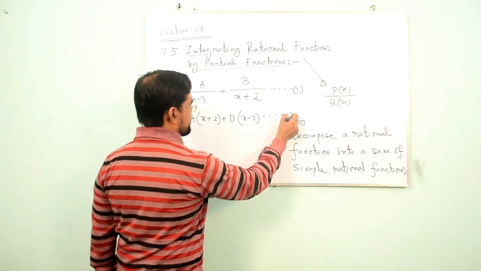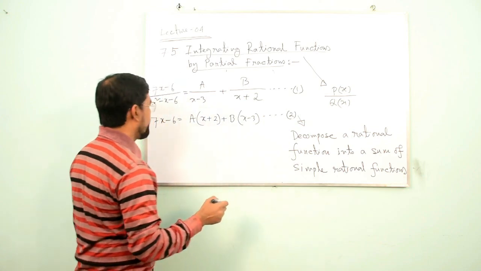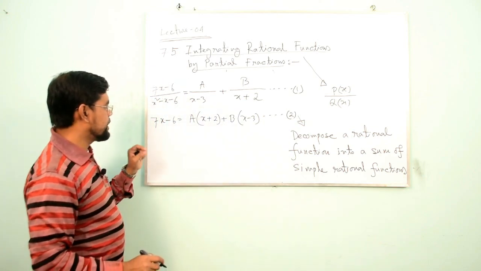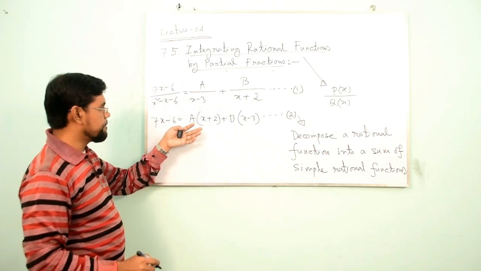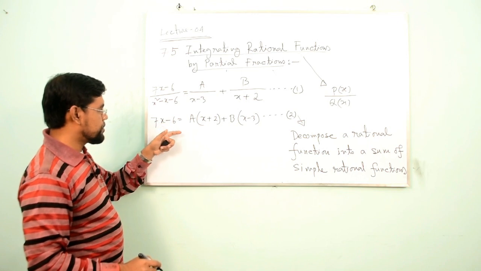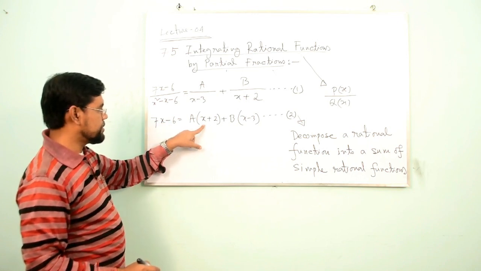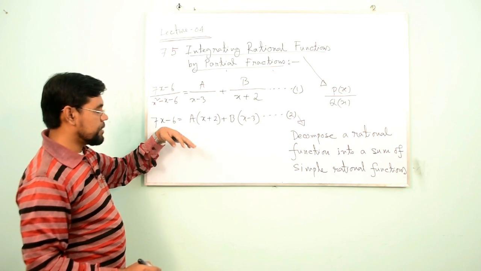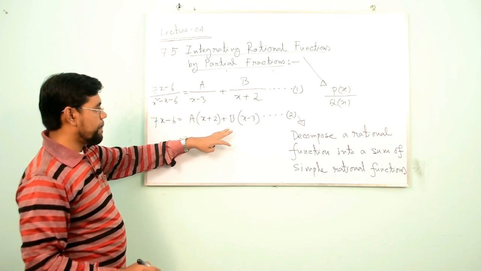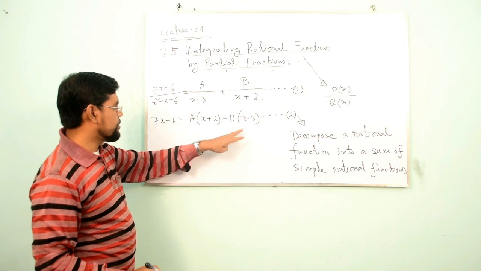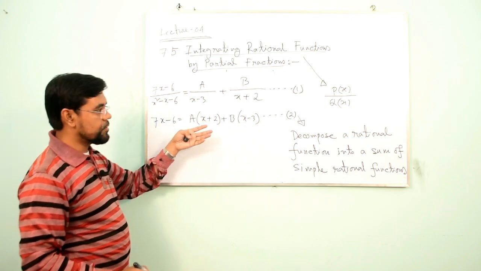Let's call this equation number 2. And how can we calculate a and b? There are two methods or two ways you can calculate a and b. The first one is you can just substitute a value for x in order to remove either a or b.